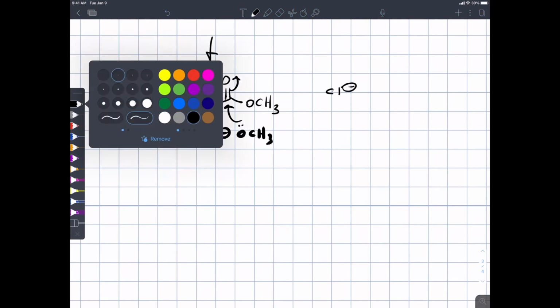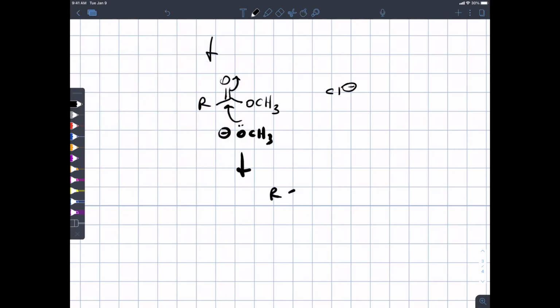And I'd say, sure, that's reasonable, but then look what happens here. You get to a tetrahedral intermediate, and that negatively charged oxygen, you can just kick the other alkoxide right off. And so you can't actually tell that that's happening.